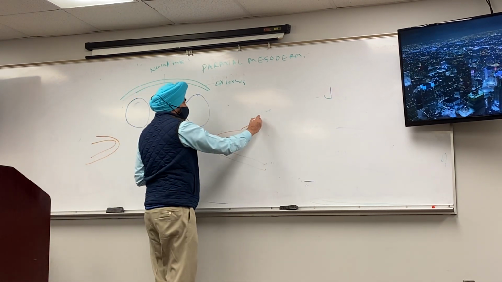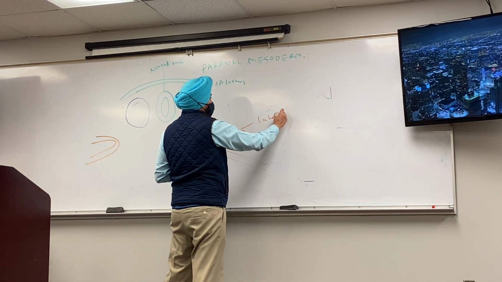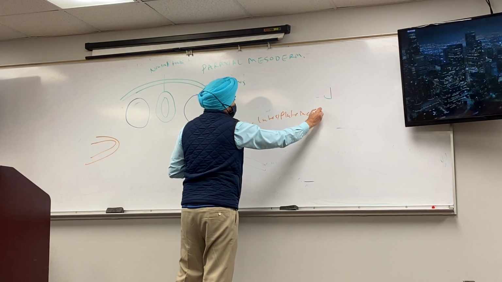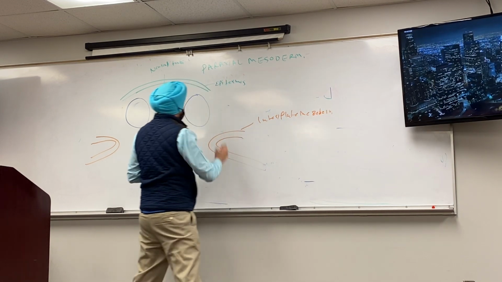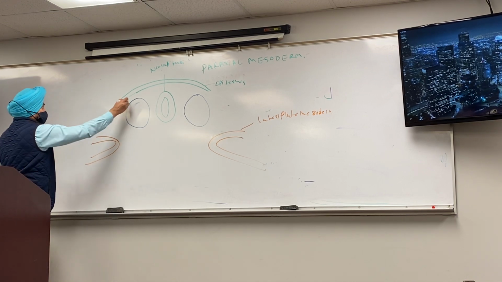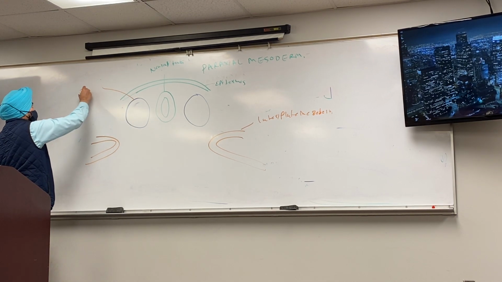So this is your lateral plate mesoderm. This is your paraxial mesoderm. This is your neural tube. So this is your paraxial mesoderm.